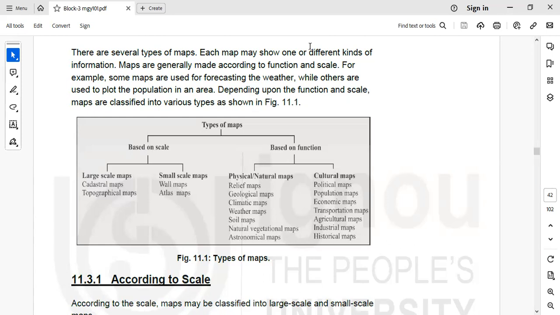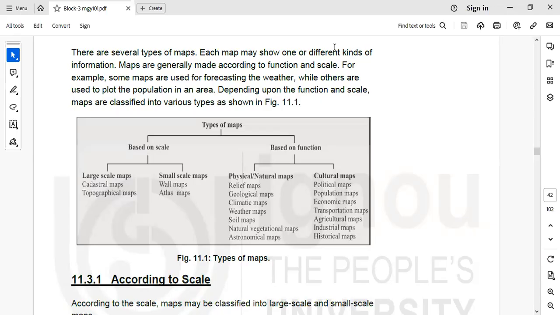So we can get finer information from the large scale maps. For town planning or other related applications like engineering projects or constructing roads, dams, and other things, we need the large scale maps.